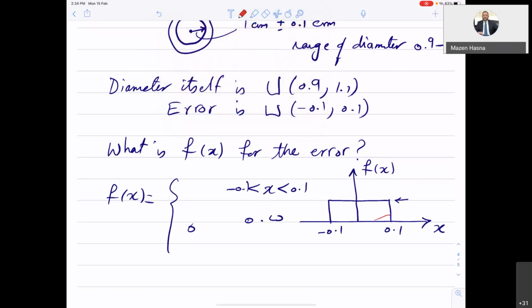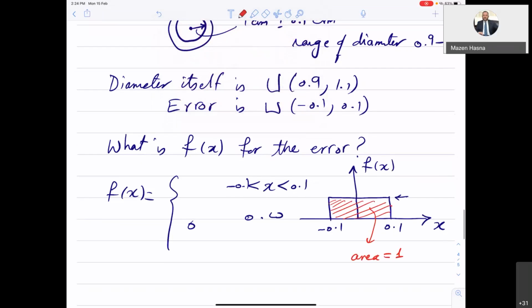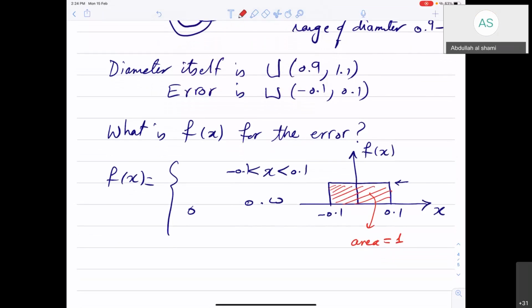What should this area be? The area should be 1, so it's 1 over b minus a. So it's 1 over 0.1 minus minus 0.1, which is 5. So this is the value of f of x.